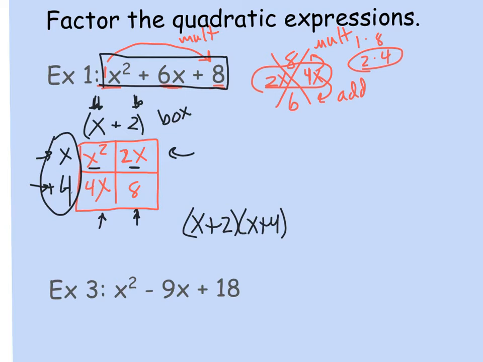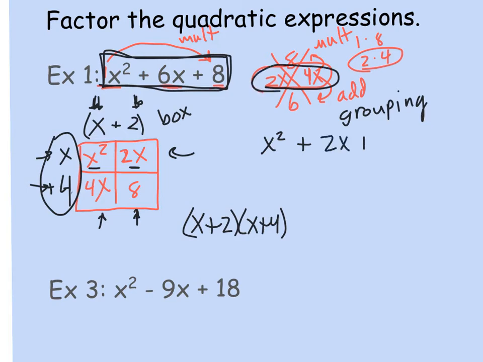The other method that we're going to use is grouping. Grouping works like this. We're going to take these three terms right here and turn them into 4 and factor it from there. So the first term is actually x squared. Then we get plus, here's my 6x, the 2x plus the 4x, and then plus that last term, 8.